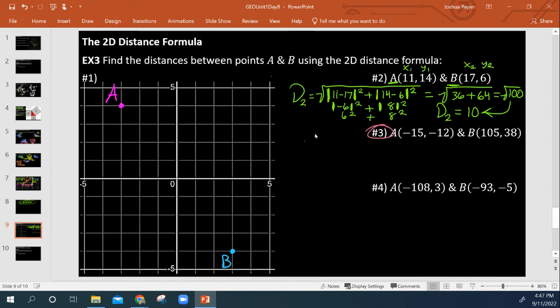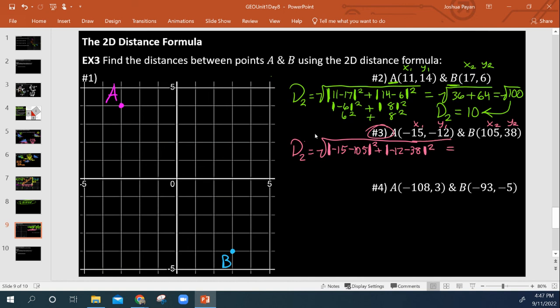Okay, let's look at example 3 now. So again, we're going to label x1, y1, x2, y2. Our distance in 2D is going to be equal to the square root of our x distance squared plus our y distance, extend that out over a little bit more.